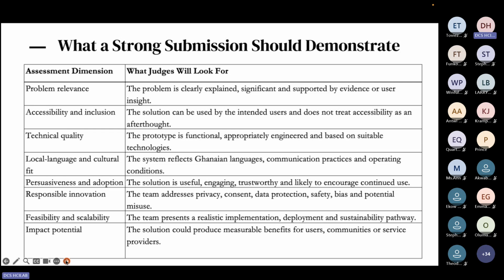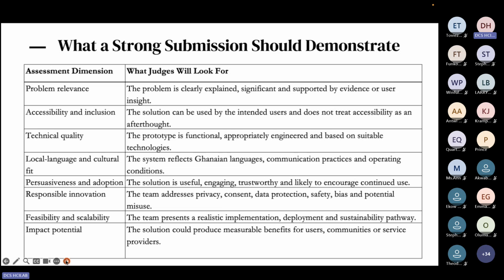As I mentioned earlier when I was talking about your solution, the same thing applies even when you are submitting your proposed idea. The problem should be clearly explained. The problem should be significant and should be supported by evidence or insights from your expected users.